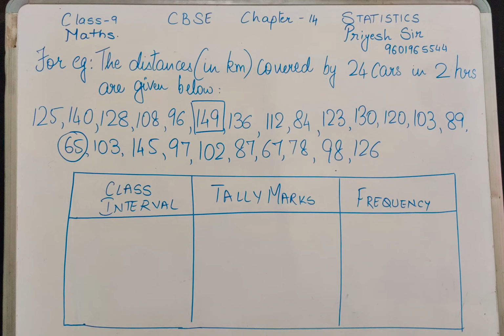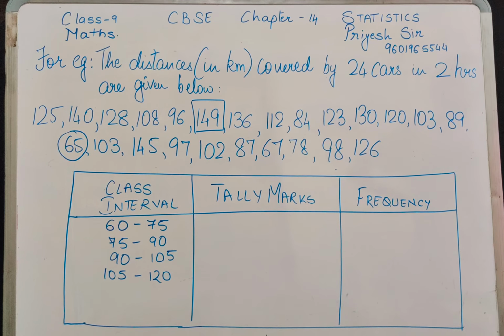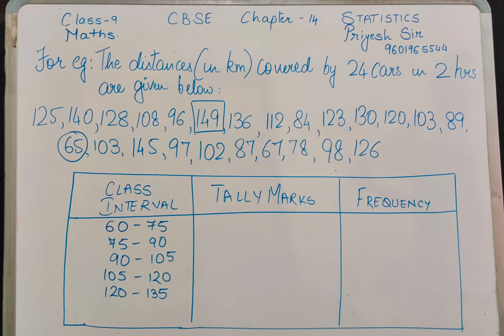So let's start from 60 to 75, 75 to 90, 90 to 105, 105 to 120, 120 to 135, and finally 135 to 150.